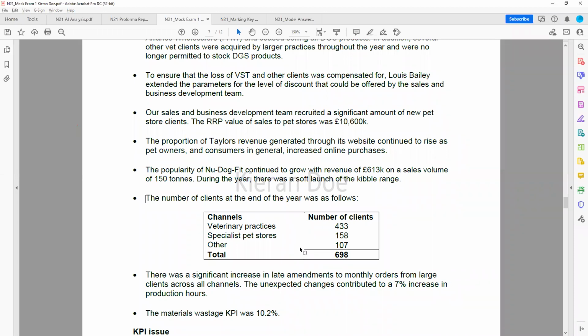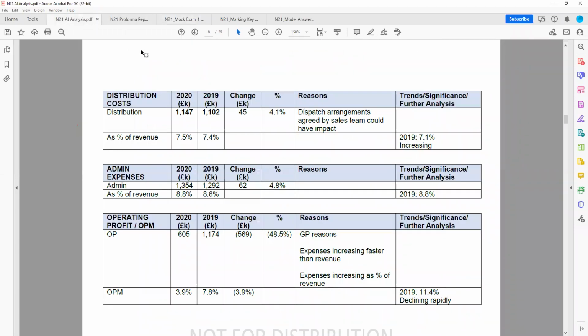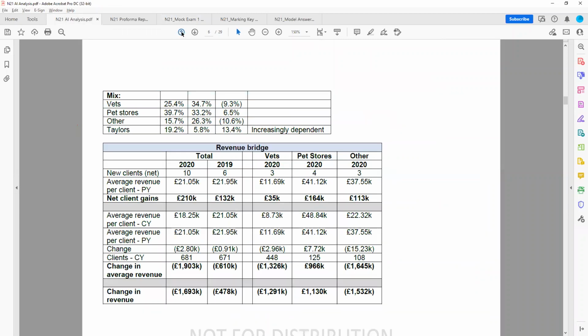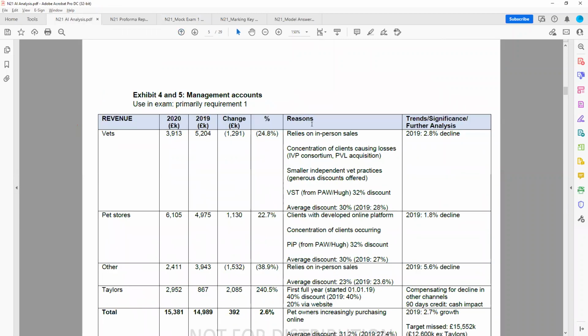And again, I think with the AI, this is the danger for a lot of students, that they've spent so long on the AI, 5 weeks, 6 weeks, discussing it with their colleagues, thinking of particular reasons why something's gone up or down, and you're just too focused on the AI.